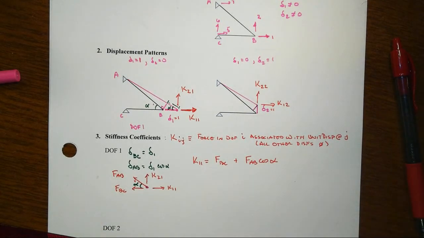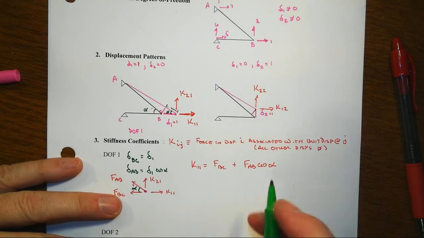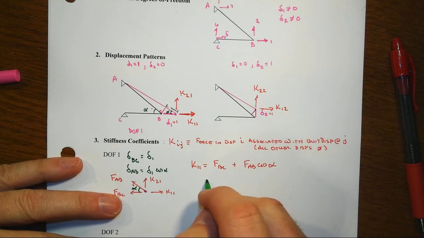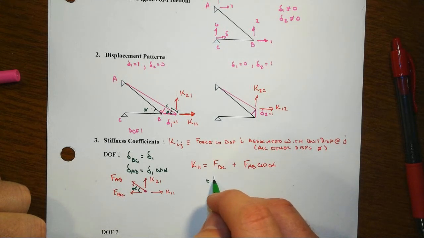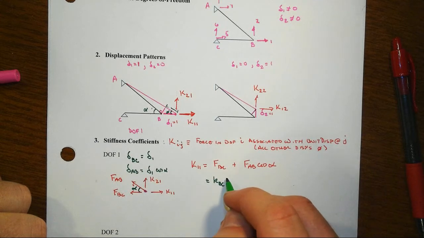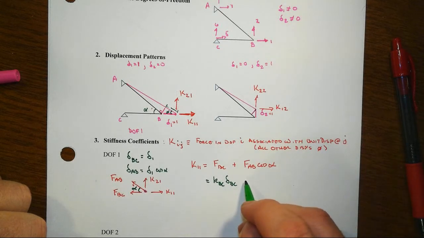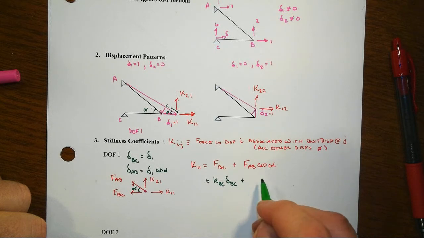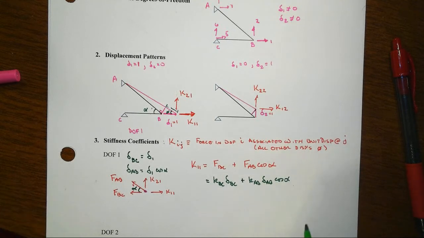Well, through our force displacement relationship, FBC is equal to the axial stiffness of BC times the elongation of BC. That's just another form of delta equal PL over AE, just rewritten. We've got that plus KAB times delta AB times cosine alpha.